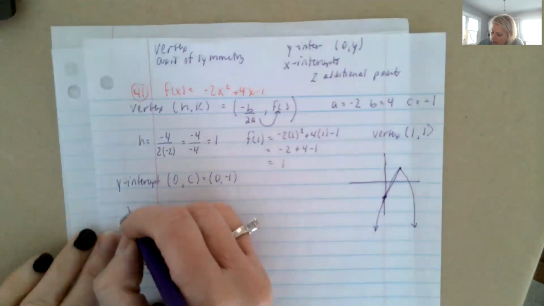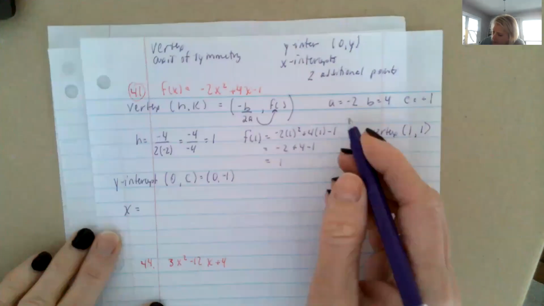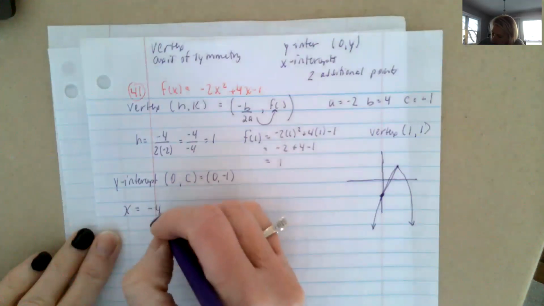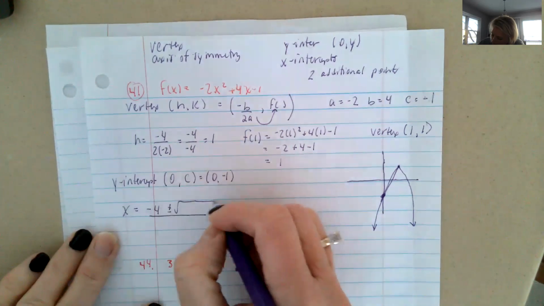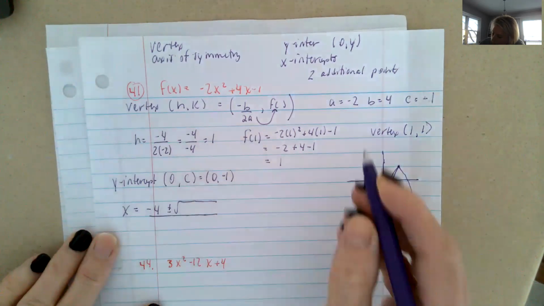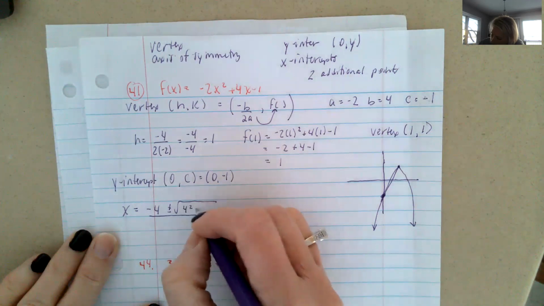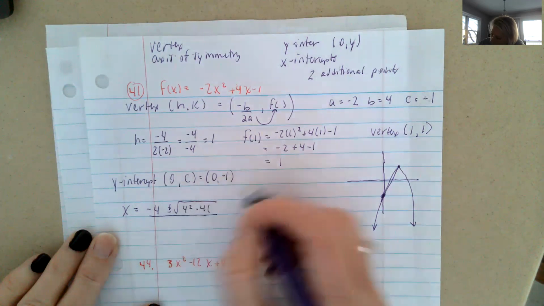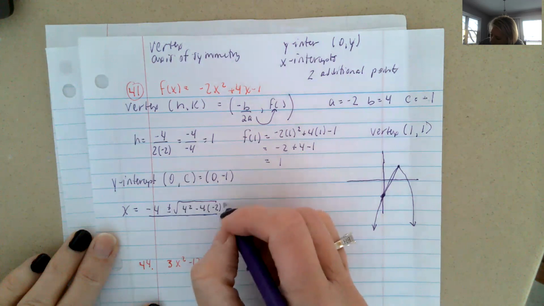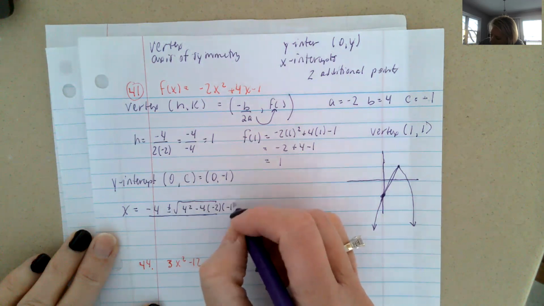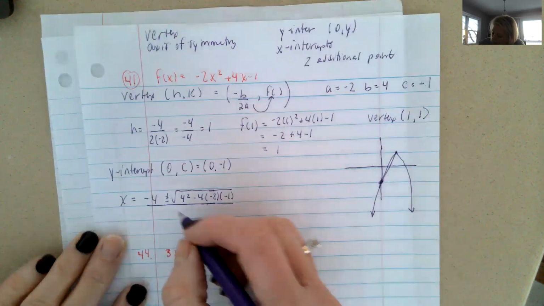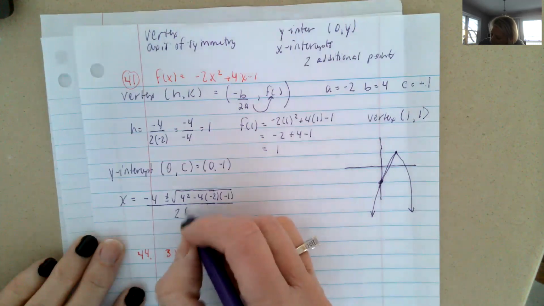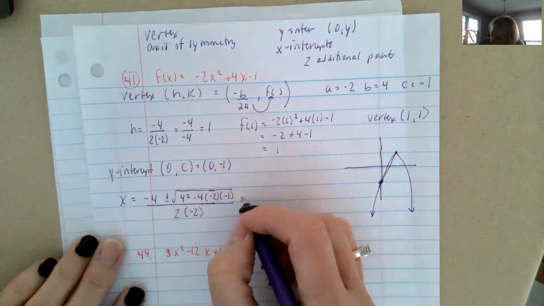So in my quadratic formula, my x-intercepts are going to be the opposite of b, so negative 4, plus or minus the square root of b squared minus 4 times a, which is negative 2, times c, which is negative 1. All of that is underneath the square root, divided by 2 times a, which is negative 2.